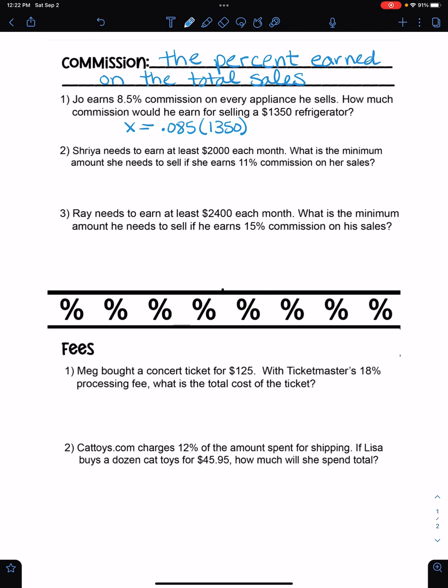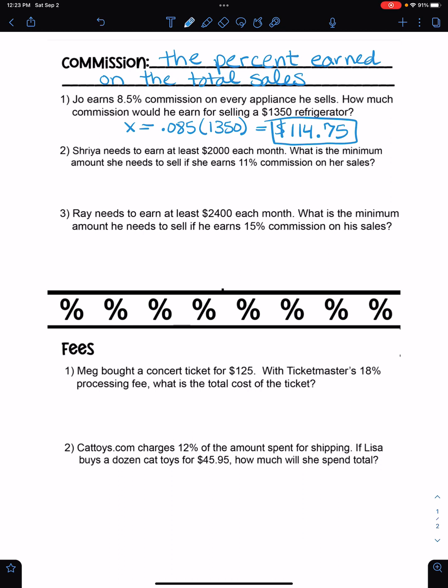That belongs to the store that he works for, but he does get a percentage of his sales, which is why salespeople like to sell you the more expensive product, because they earn a percentage. The more expensive the refrigerator, the more money Joe will earn. So I'm just going to multiply these on my calculator to find that Joe earns $1,114.75 on that sale.